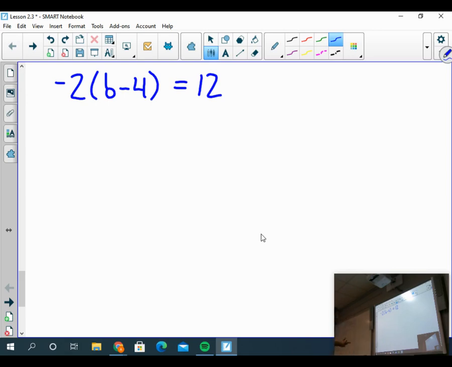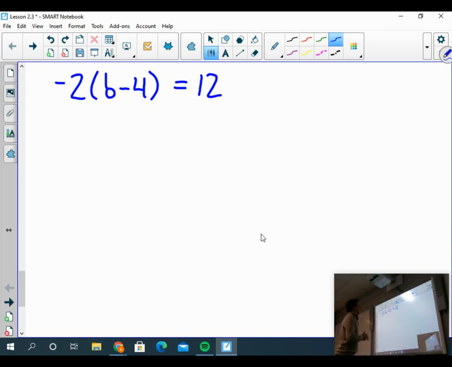What we notice is that I have these parentheses. Typically what we're doing is automatically jumping into, okay, where does the variable go? Do I want it on the left side? And how can I get it by itself? Let's move the constant.